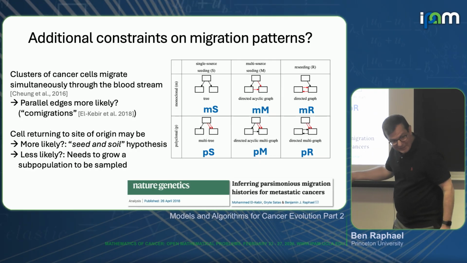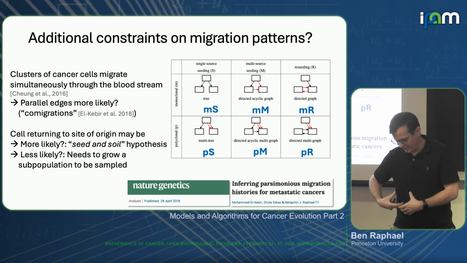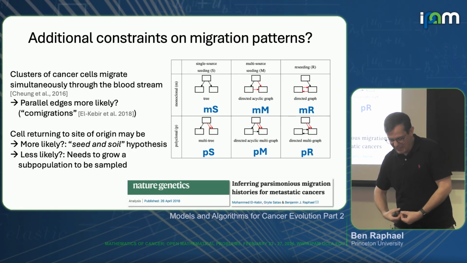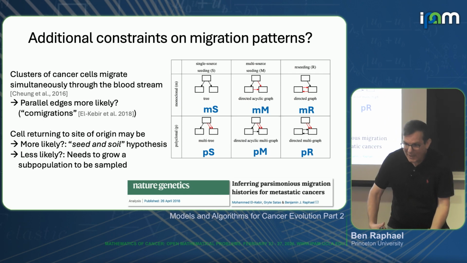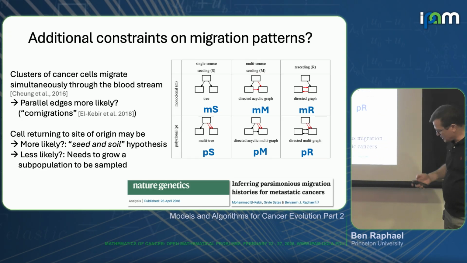It could be less likely though, because once you have already had a metastasis grow to a certain location, so liver might grow out to a big tumor, and then if another cell comes in later to that same liver metastasis, it would have to grow to enough cells that we would measure it, so we might not see those things. So you can imagine that there are all these different considerations.